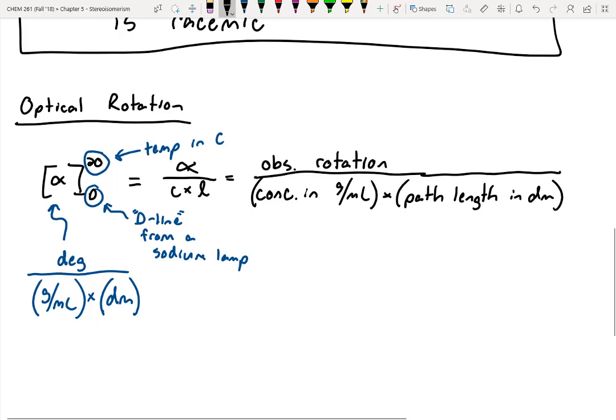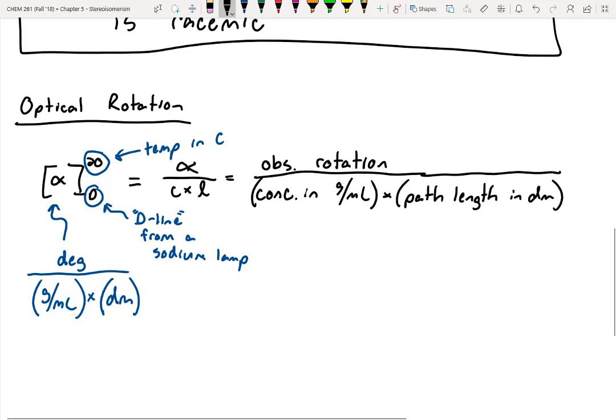So sometimes you're given the standard, so that's the alpha with all of your units factored in, and you might have an observed rotation, and from that you can extrapolate the concentration or something like that. This just becomes basically a big fancy algebra problem where you can solve for different variables. That is one of the Sapling problems, I will warn you. It's just a lot of algebra. It's nothing super fancy, but if you get stuck on it, you can email me and I can try to provide you some hints.